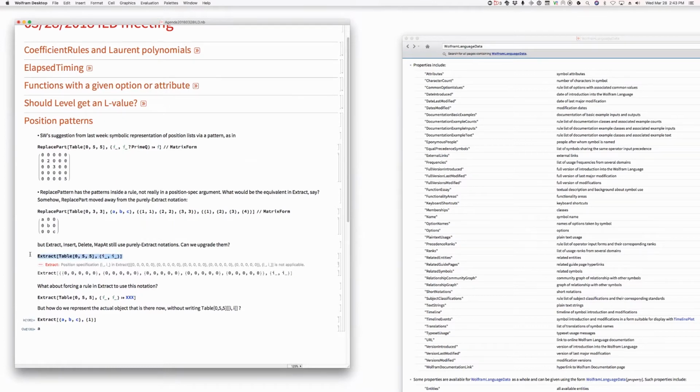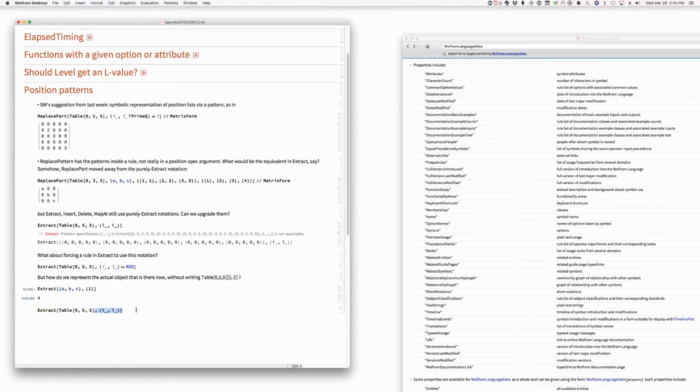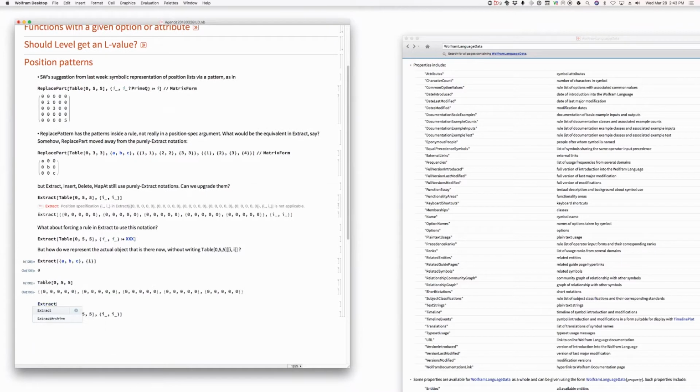Do you agree that this case, if I say that table, to get the diagonal of that table, if I said Extract, could we even imagine this working? Well, could we imagine? No. Is this crazy? I think the Part language is a lot more strict. The Position language can be extended, but the Part language, no. I don't think we can do that.